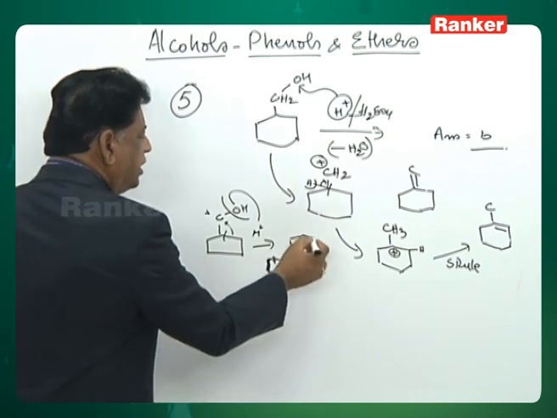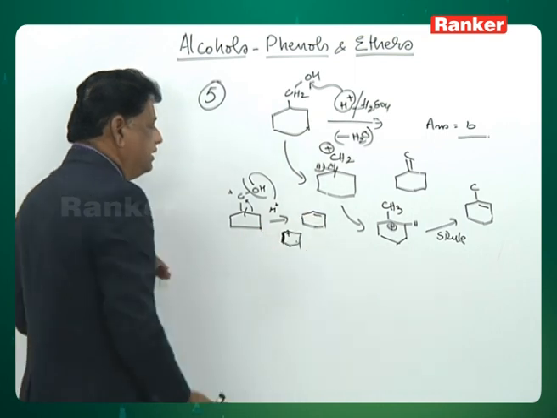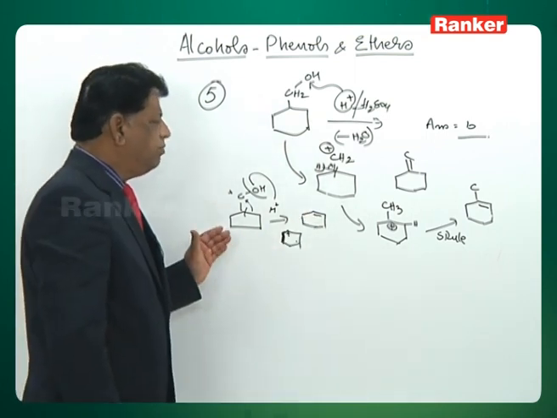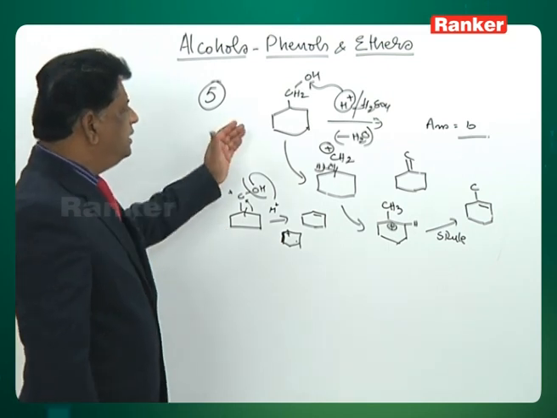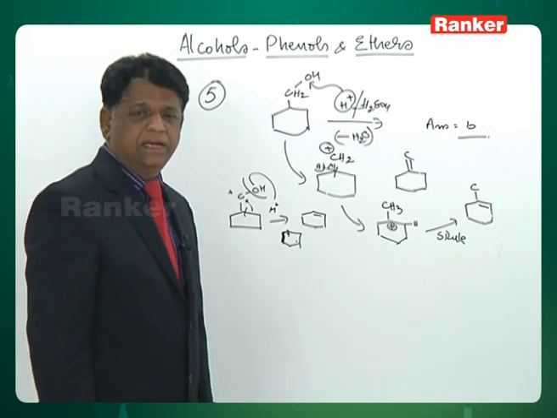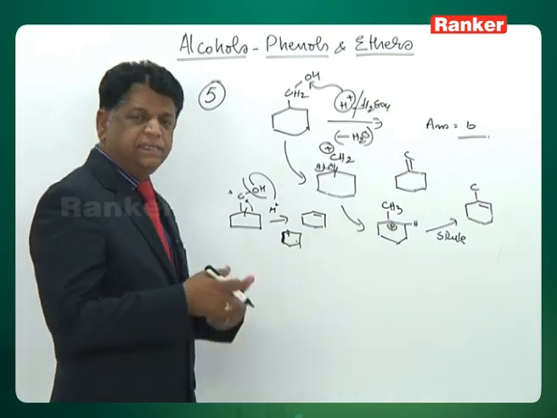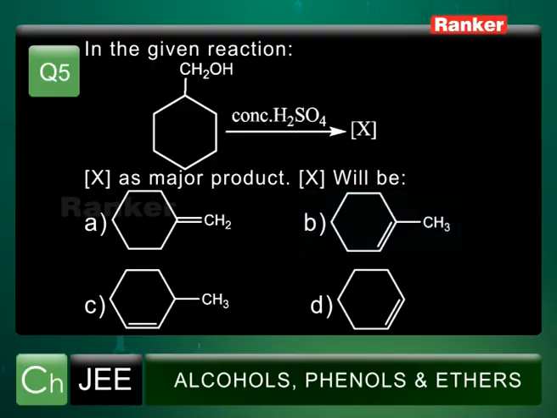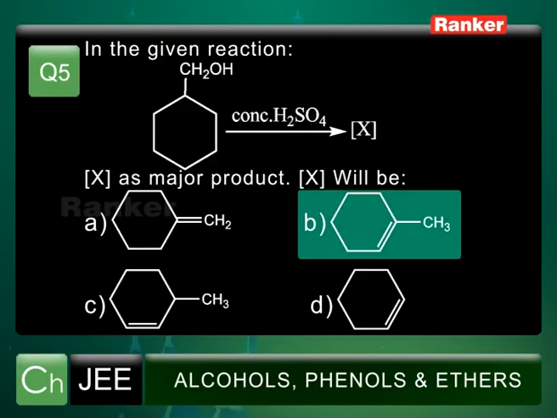So finally cyclohexene will be the answer. This is a normal type of example that has come in different examinations, but in this case, see the answers, there is no ring expansion answer. So you have to adjust within that. Without ring expansion, this is the best answer, therefore the answer goes to B.